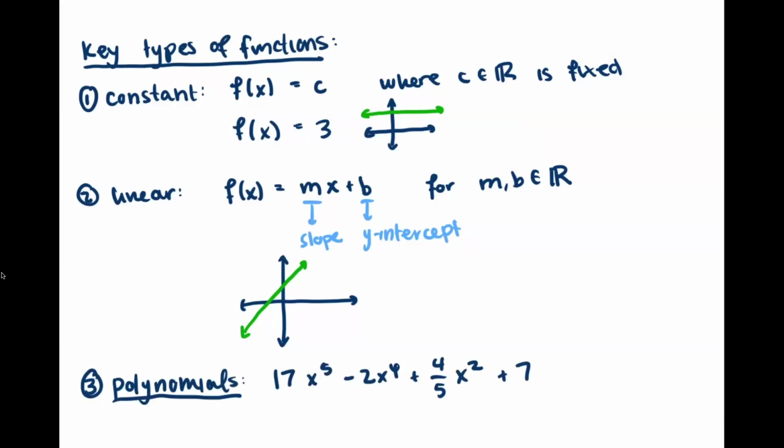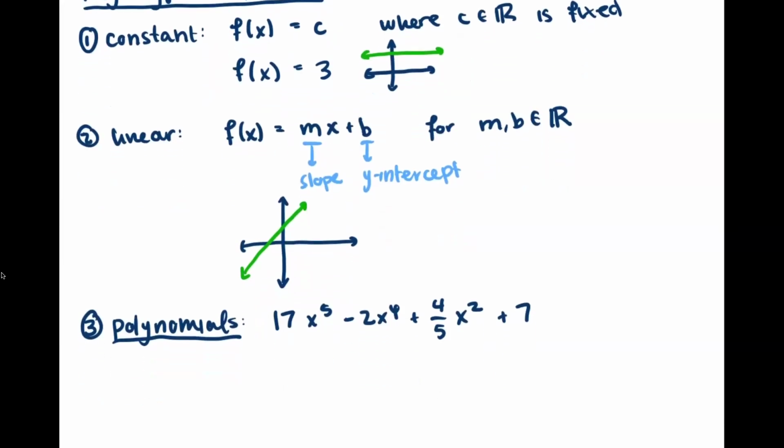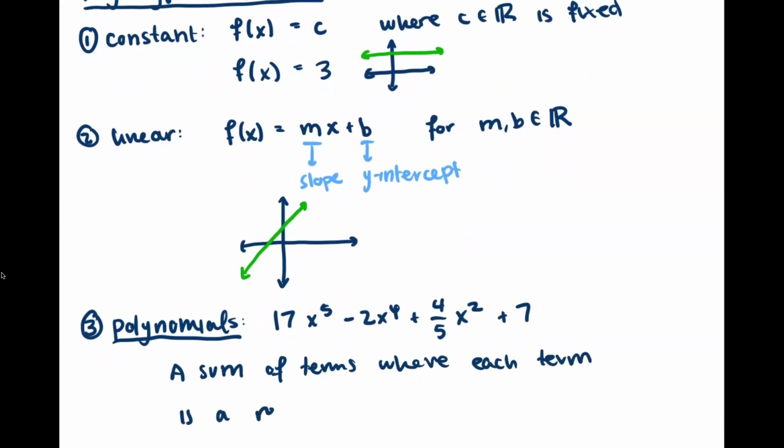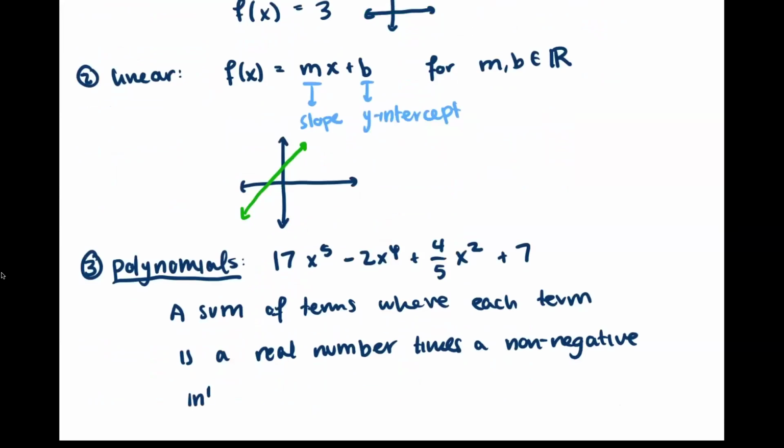So this is a sum of terms where each term is a real number times a non-negative integer power of x.